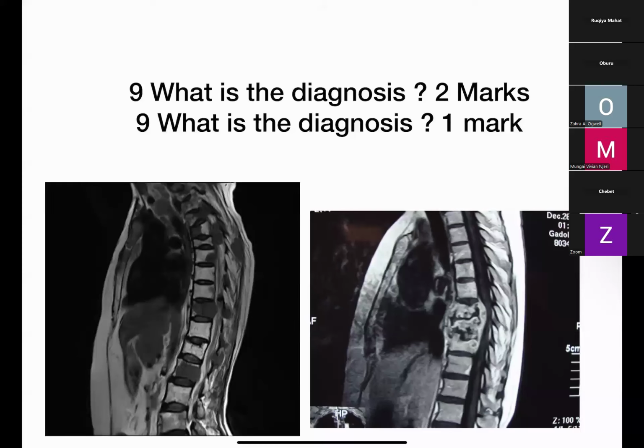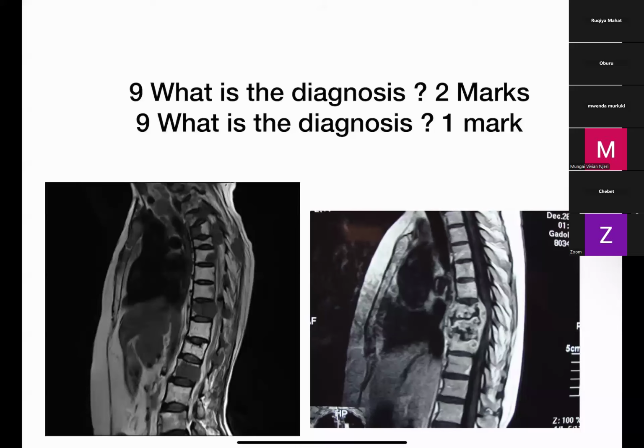Okay, so what is A and what is B? For B, I'd say maybe a burst fracture of the vertebra. No history of trauma. Oh. Could A be metastasis and B be Pott's disease or TB of the spine?